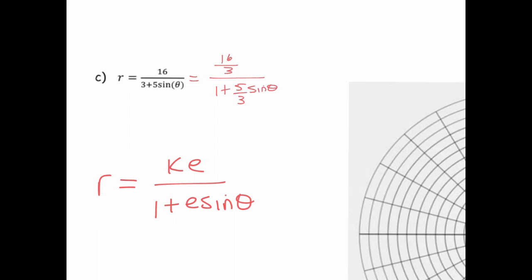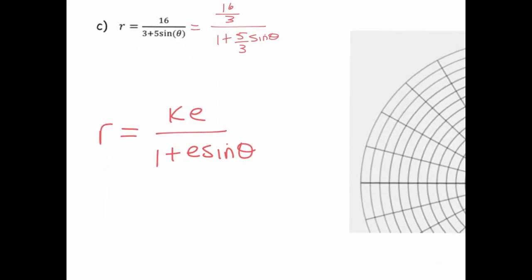Okay, and so doing that tells me that my eccentricity is equal to 5/3, which is bigger than 1, so I'm going to be sketching a hyperbola.